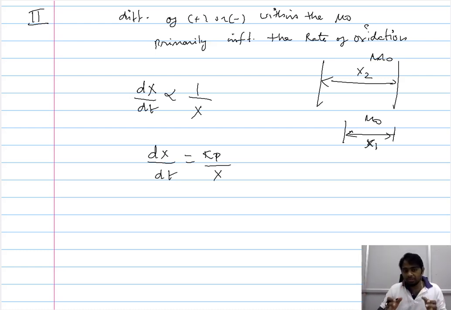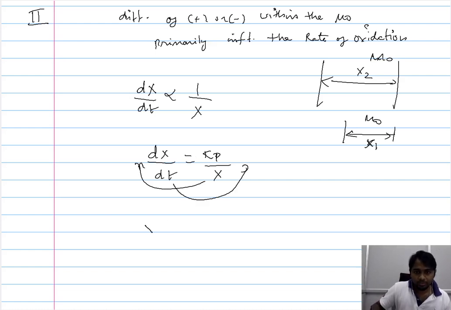Now, like we did for the linear oxidation rate, we want to integrate these expressions to calculate the thickness at a given instant t. So for that, we can bring this x here and dt here. So x dx equals kp dt, and when we integrate, we end up with an expression that looks something like this.